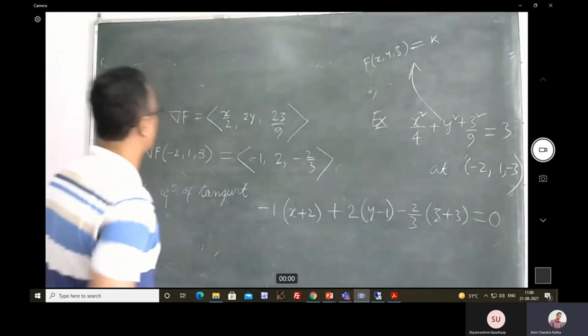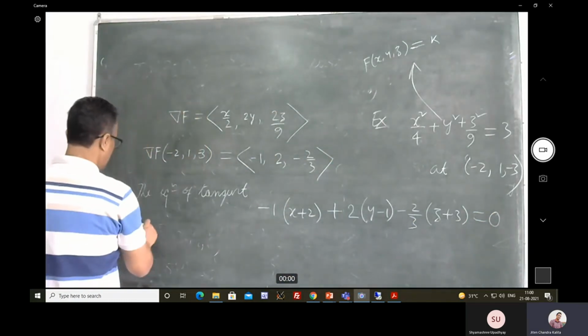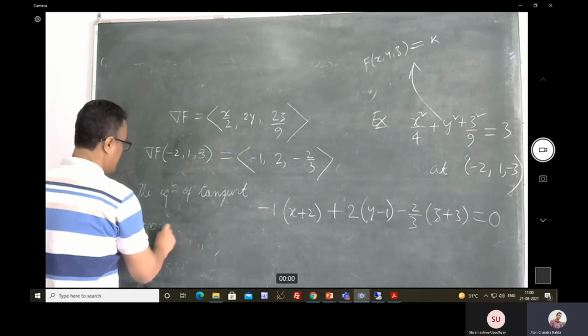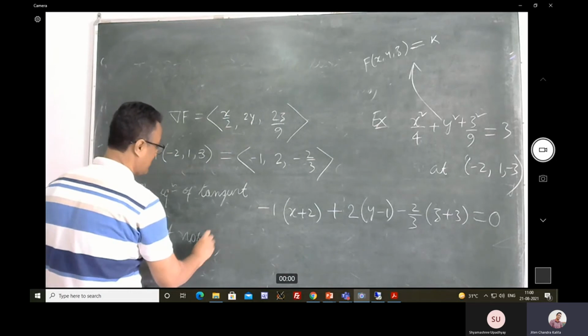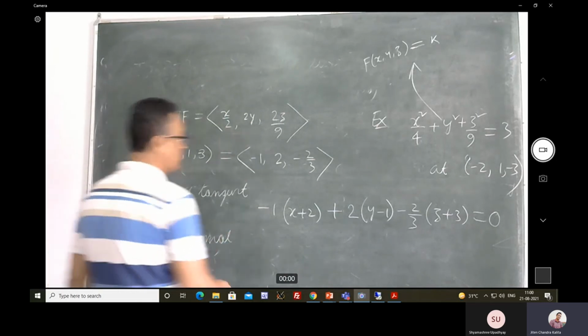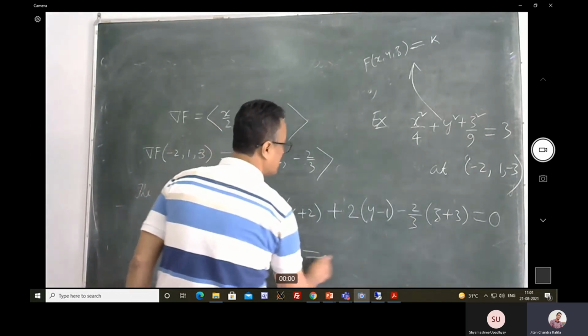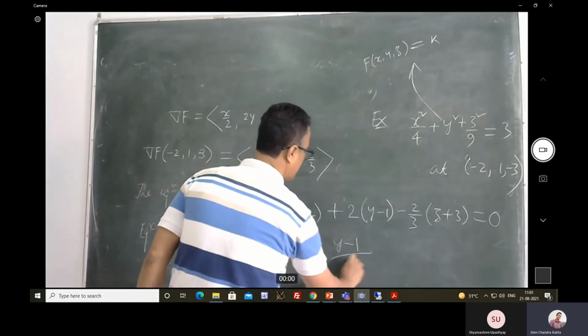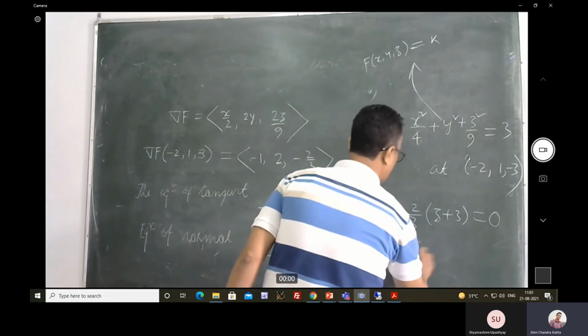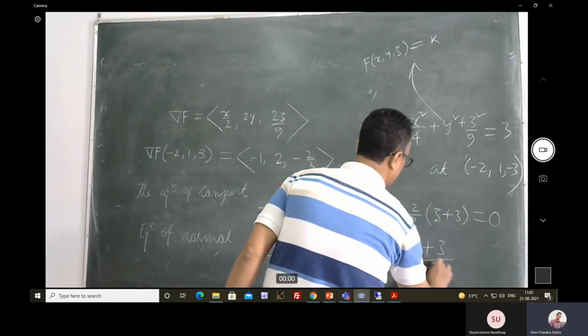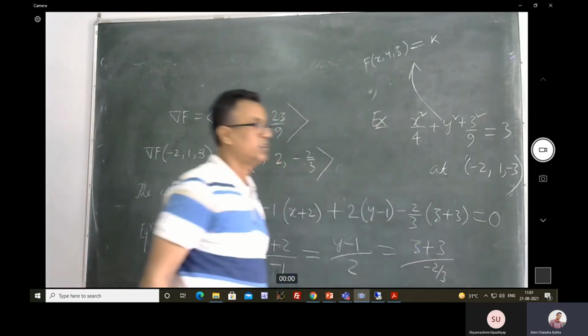You just simplify it, whatever you get. And the symmetric equation of the normal is going to be simply x plus 2 by -1 equal to y minus 1 by 2 equal to z plus 3 divided by -2 by 3.